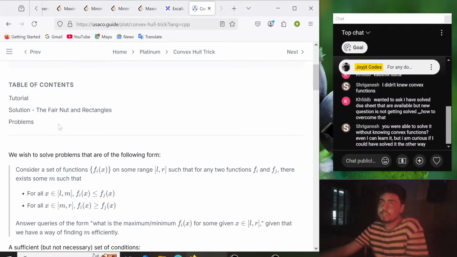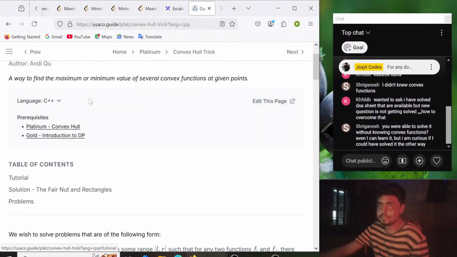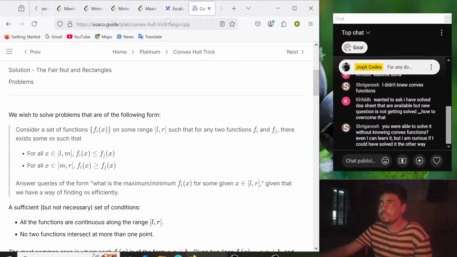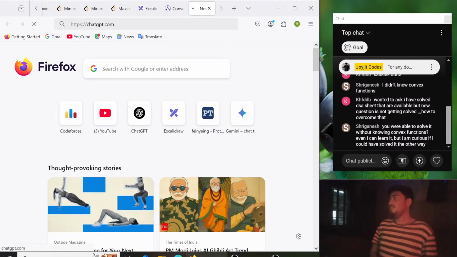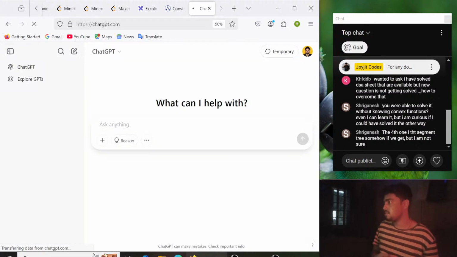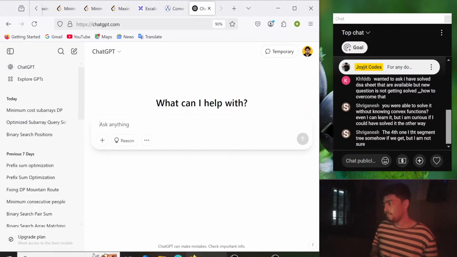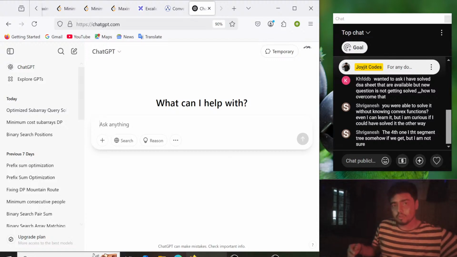Okay, so let's try to understand what the heck it is, or let's do one thing, let's ask the boss. The last one here is segment tree, and the segment tree will be on the zero thing that I was doing.